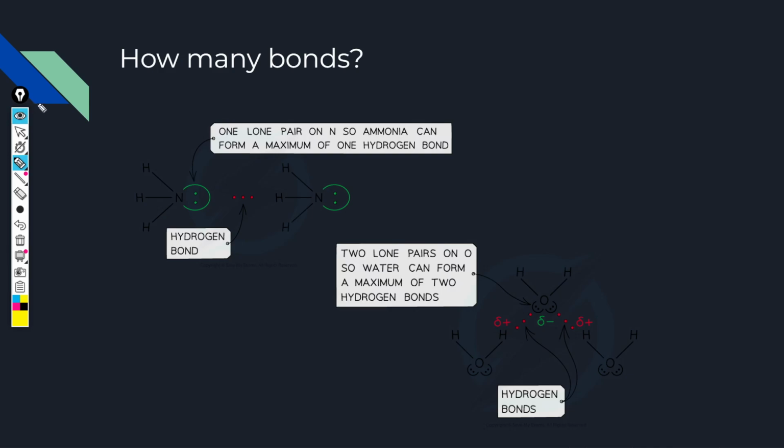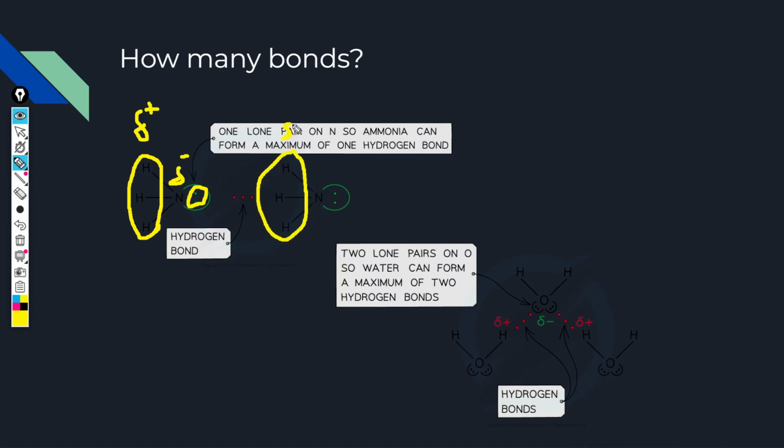So how many bonds will form when a hydrogen bond occurs? So let us take the example of ammonia first. Over here there's three hydrogens which are all delta positive, and a nitrogen which is delta negative with a lone pair. As we looked at, we must have at least one lone pair. Now the other ammonia will also be the same.